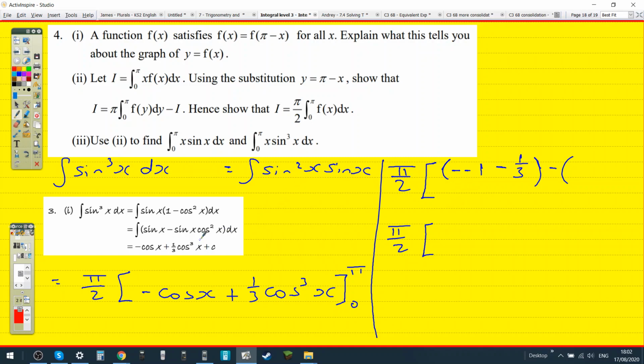I think your brackets... So 1/3 cos cubed x. That's the same as 1/3 cos, we're putting in pi. Cos pi cubed. Is that right? Yeah. BIDMAS. Indices.